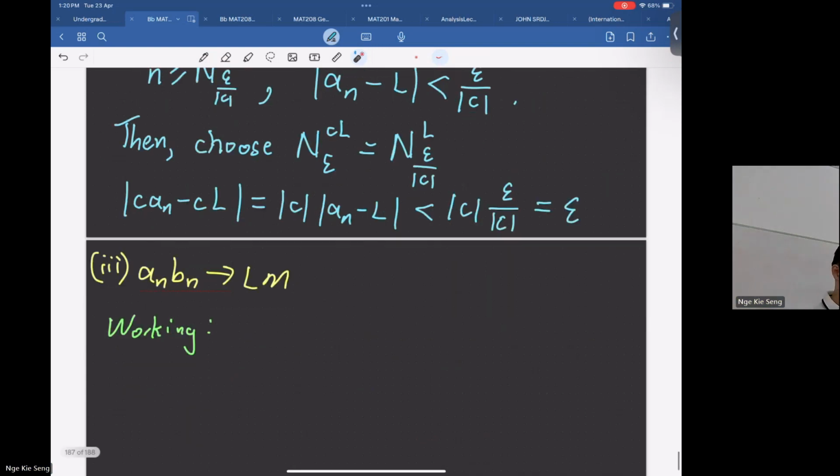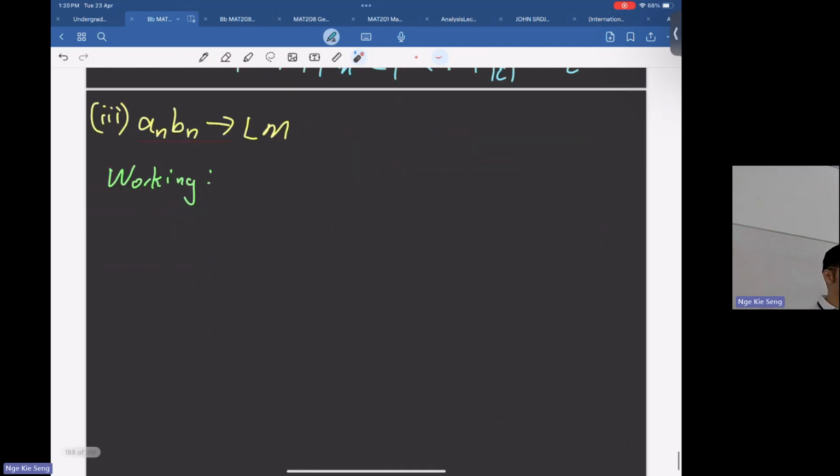Right, so let's start with the working here. Let's see what kind of n and epsilon we need to fix. Always when you see convergence, you think of it as a minus. You want to converge to something, you think of it as a minus, such that the difference gets smaller and smaller.